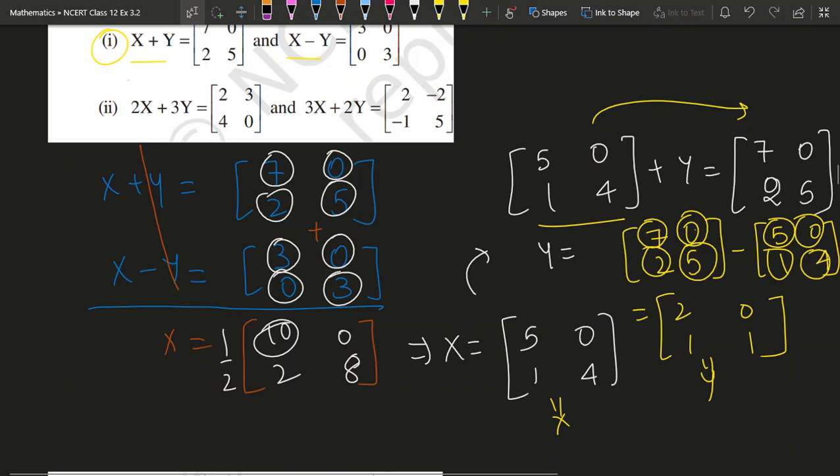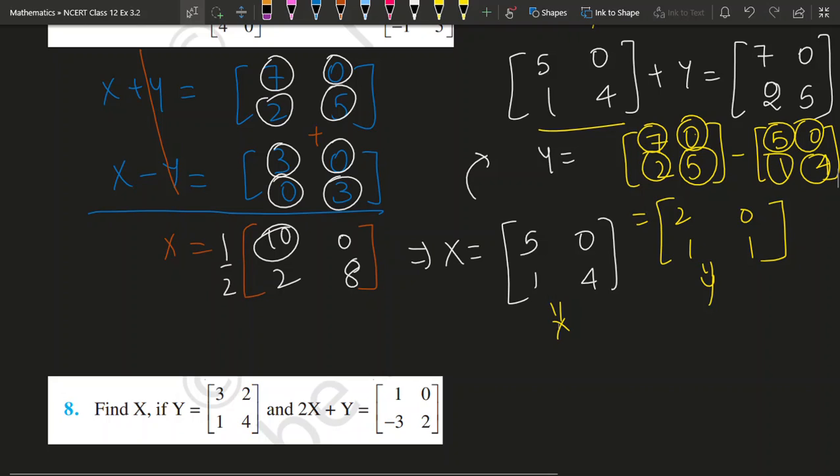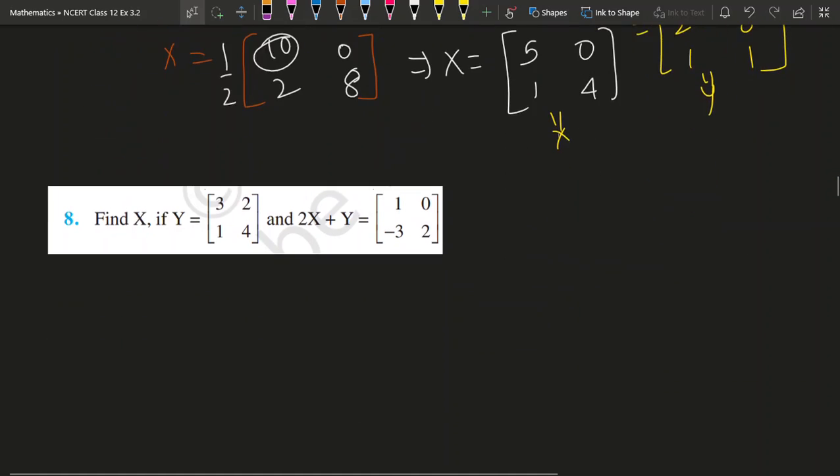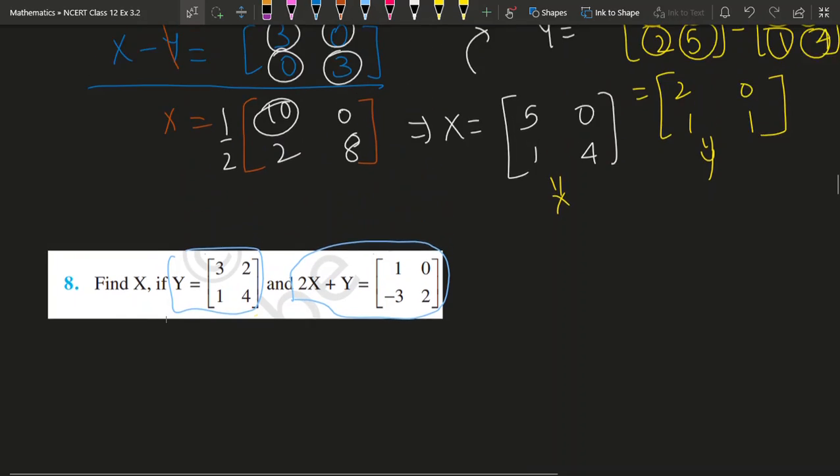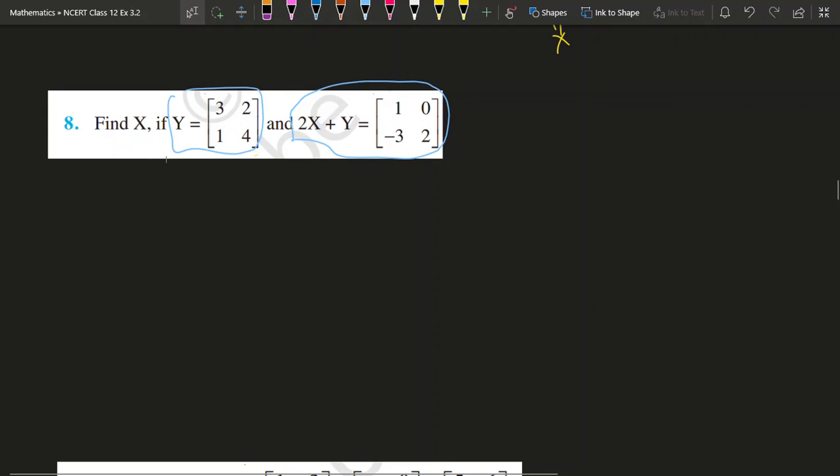Now you can solve part 2 as an exercise to brush up your skills in scalar multiplication and adding matrix equations. Let's move forward. So you have been given an equation 2x plus y equals some matrix, and you also have been given y, and this is a relatively simpler problem than the one that we attempted before.